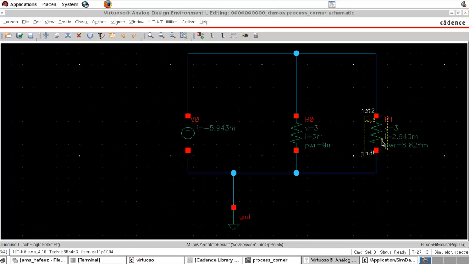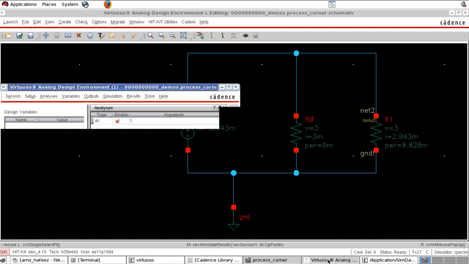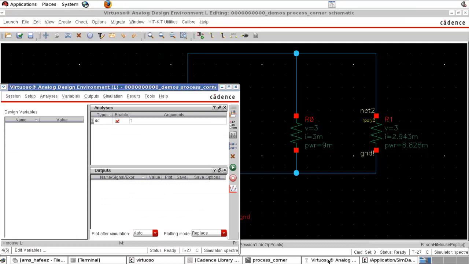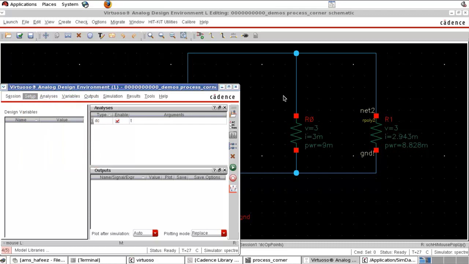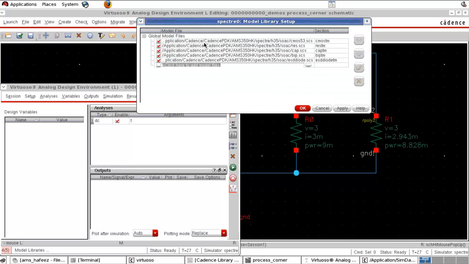This is not because of process corner. This is in the typical corner itself. To see which model file we are simulating with, you can go to setup and model library. See, here you can see this CMOS library is the CMOS typical model.